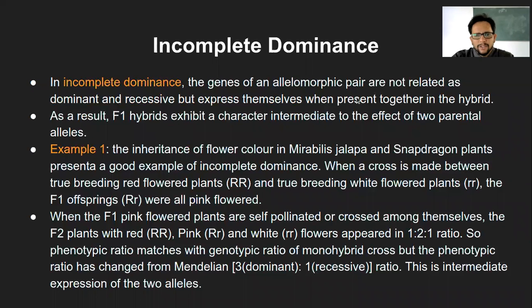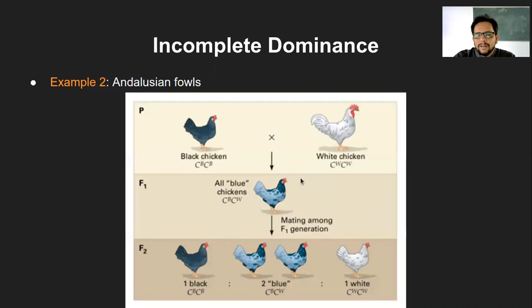As a quick brief overview, in incomplete dominance, the offspring that you get in the F2 generation will have the characteristics of both the original parents, not of the F1 generation, but of the original parents.